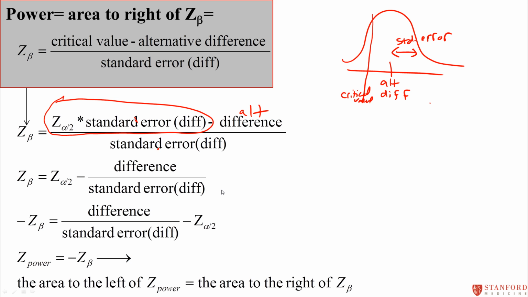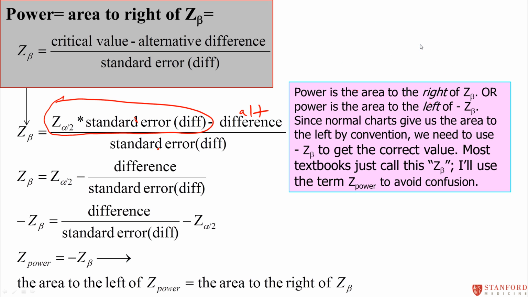Now I'm going to make a little trick here. I am going to remind you that when you go to a standard normal chart, the way these charts are set up, they always give you the area to the left of z. In this case, we want the area to the right of z. One way to get the area to the right of z is just to multiply whatever z you have by a negative. The area to the left of z is the same as the area to the right of negative z, and vice versa.